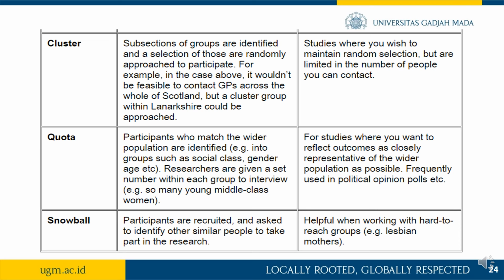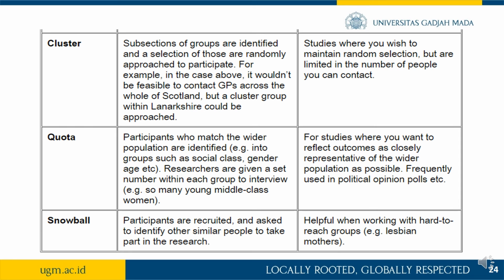Cluster sampling is where a subsection of the group is identified and those selected are randomly approached. For example, since it would not be feasible to contact doctors across the whole of the country, we choose a cluster group within a selected city to be approached. It is for studies where you wish to maintain random selection, but are limited in the number of people you can contact.